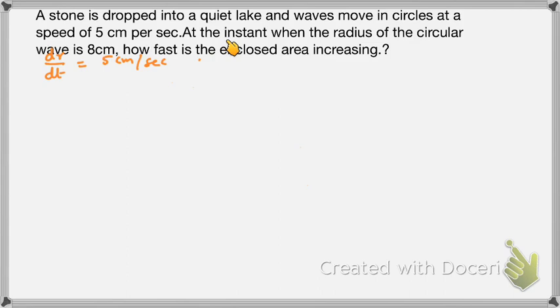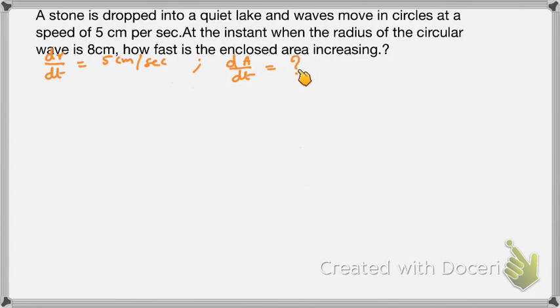Now the question continues. At the instant when the radius of the circular wave is 8 centimeters, how fast is the enclosed area increasing? So what they are asking is, what is the rate of change of the area? That is the rate of change of area, dA by dt, with respect to time.